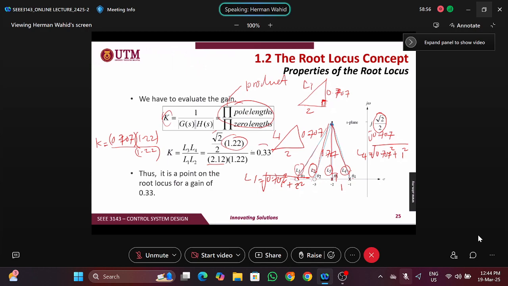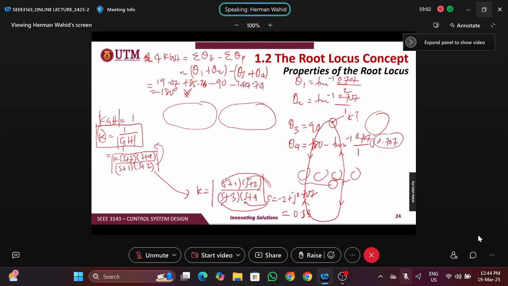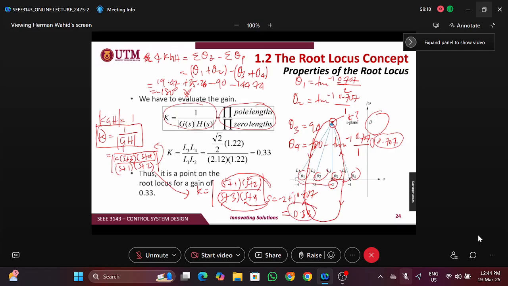And finally, we have the same answer as what we did from the other formula here. We use this other formula, we also got 0.33 for the value of K. Okay, so it's open. You can use either way. You can use the first formula, or you can use the second formula. That is the trick here.